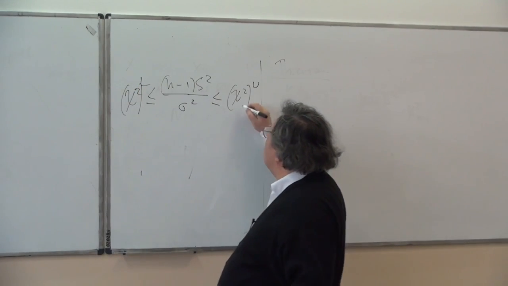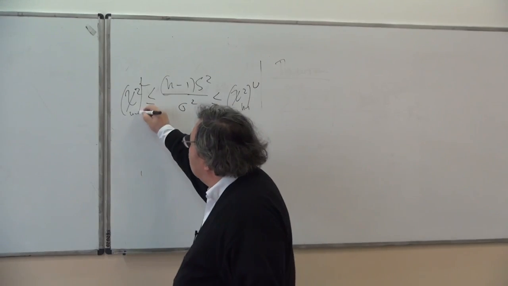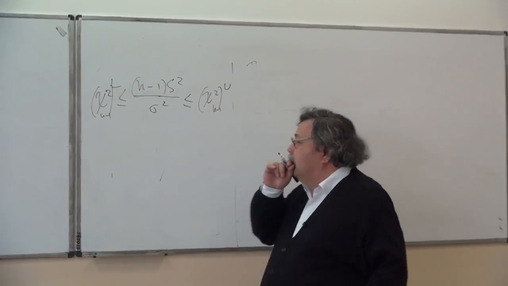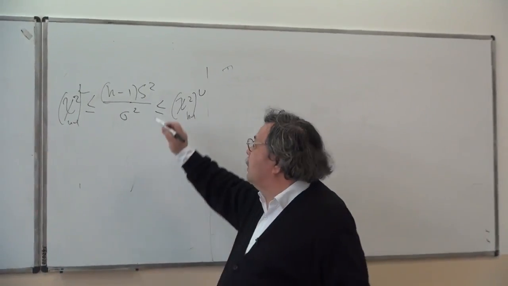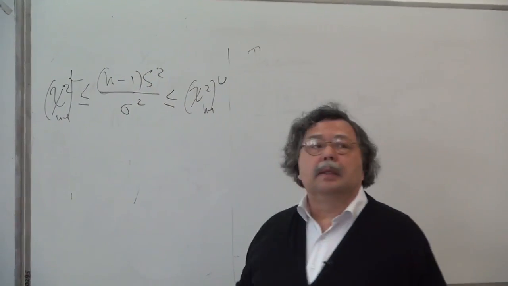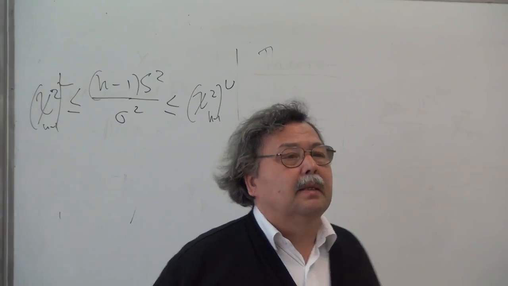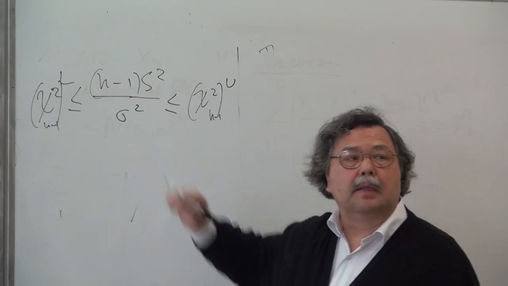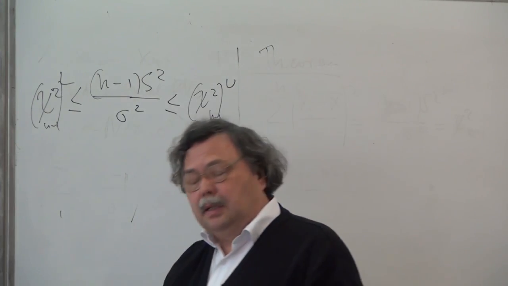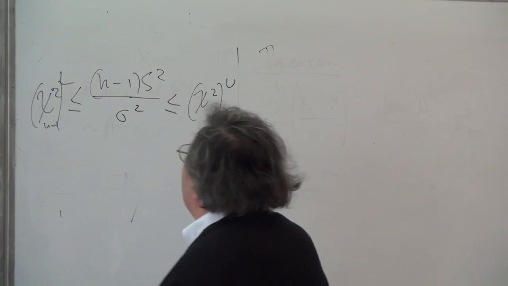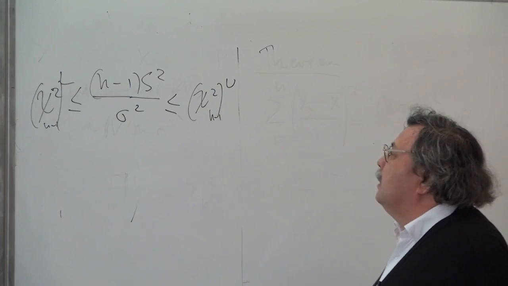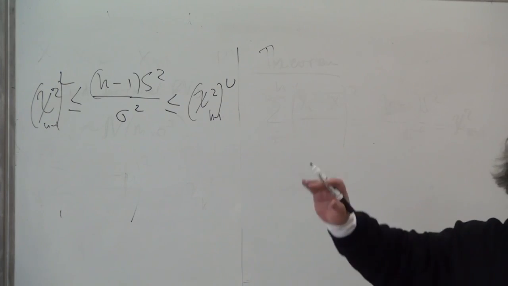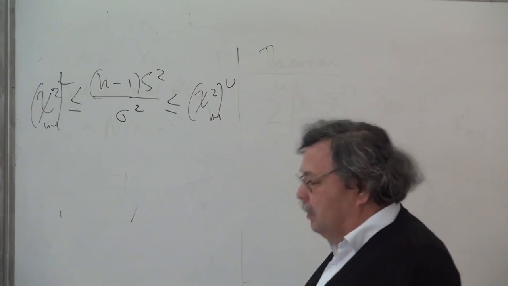Now this is n minus 1 degrees of freedom. Well, we just said a short while ago that this statistic that we place here in the middle follows a chi-square distribution. And we say that the confidence interval lies between these two values.